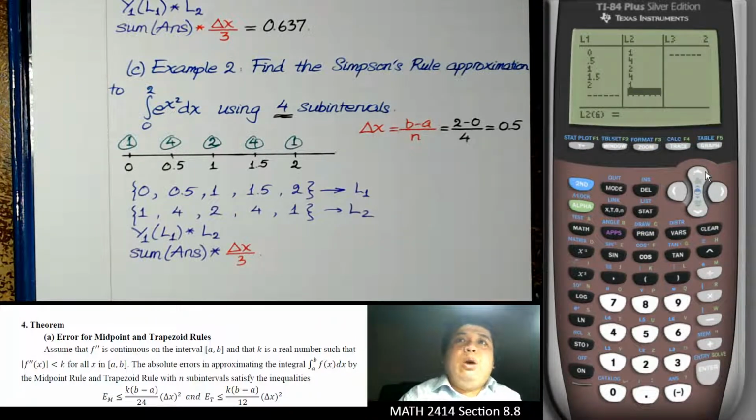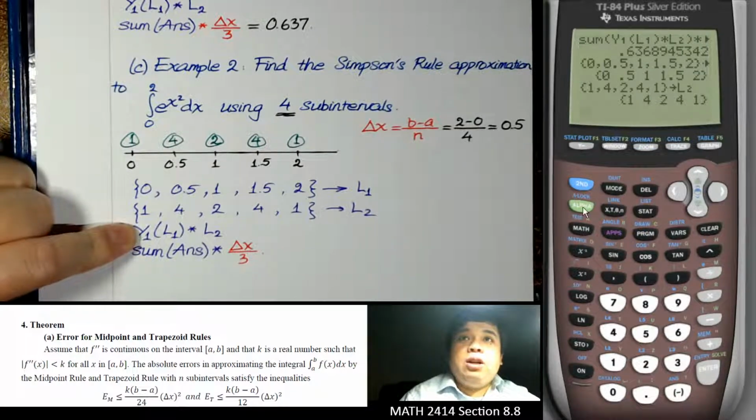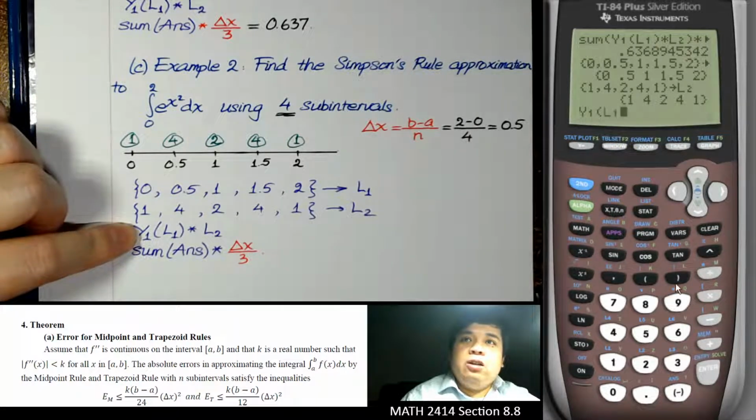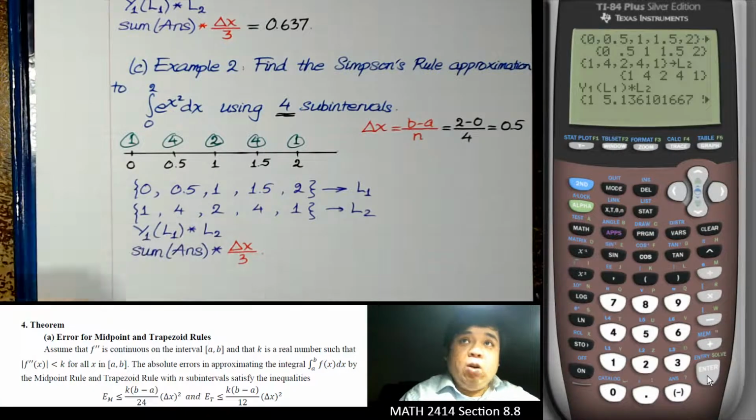And then when we highlight the list, just clear and then enter. That will do it. Right. And then we evaluate this. Alpha trace, y1 evaluated at list 1 times list 2. Right. And then add all of them up.